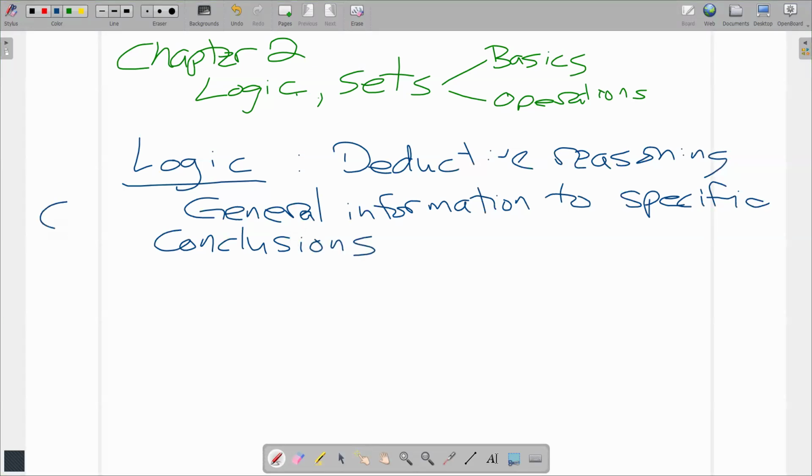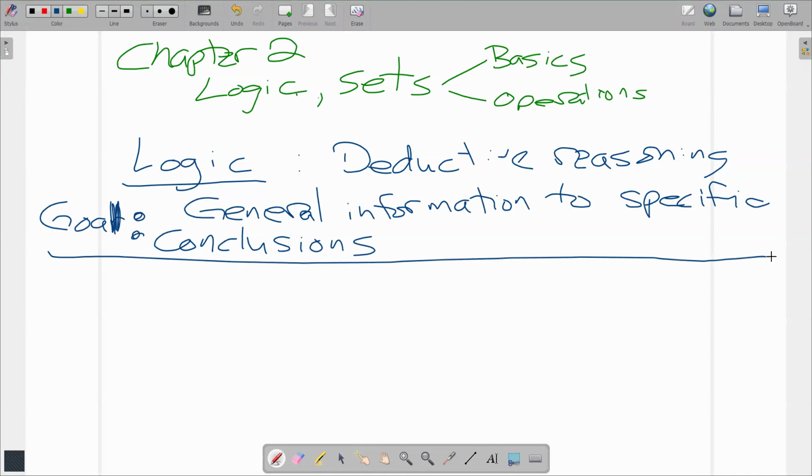And so this is the main goal for this section, to understand that part of logic.